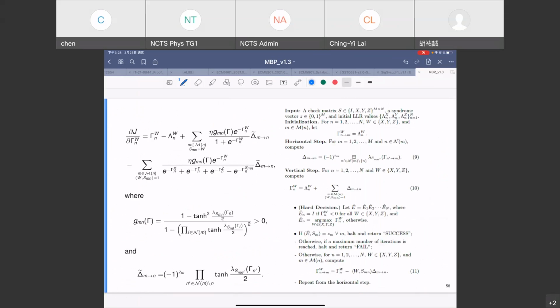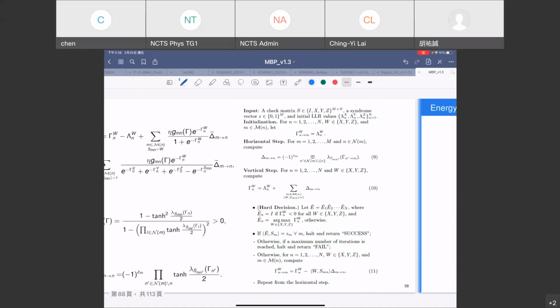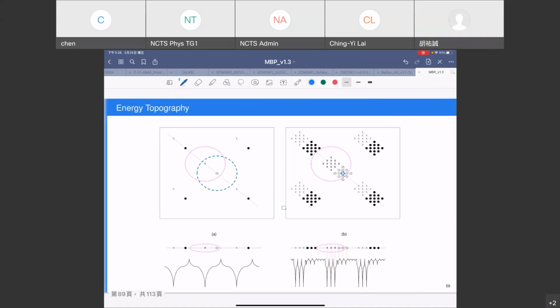The idea of belief propagation will give you a similar direction to this one, but this direction is more accurate.